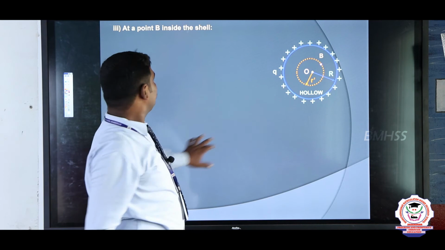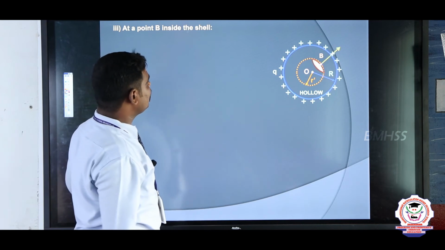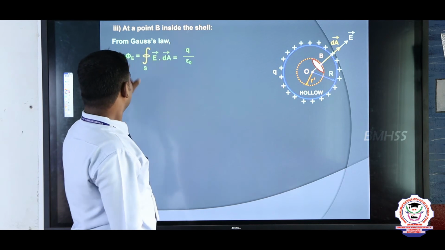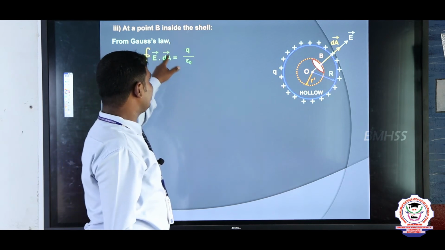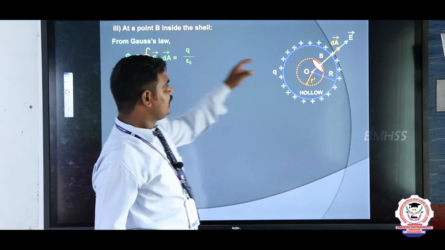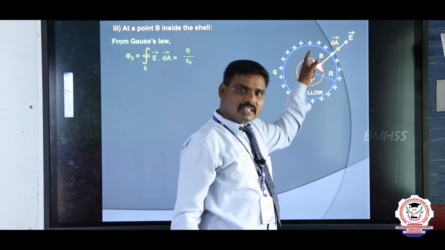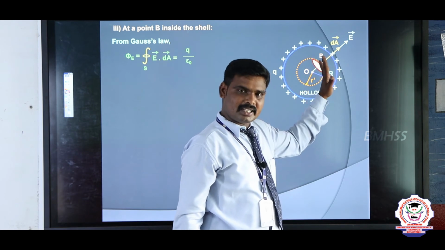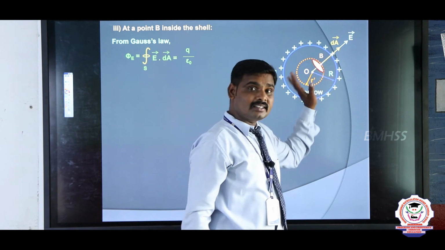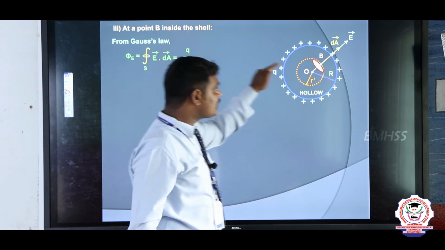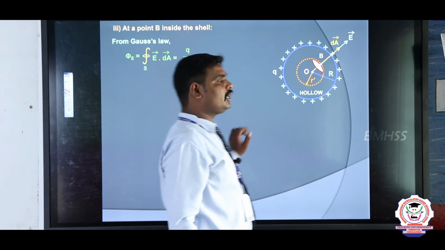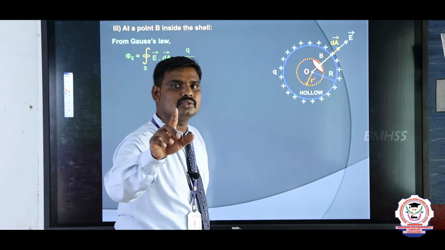But let us see according to Gauss law, phi is equal to E vector dot dA vector is equal to Q by epsilon naught. On this surface E and dA are acting in the same direction, but inside there is no charge, which means Q is equal to 0.